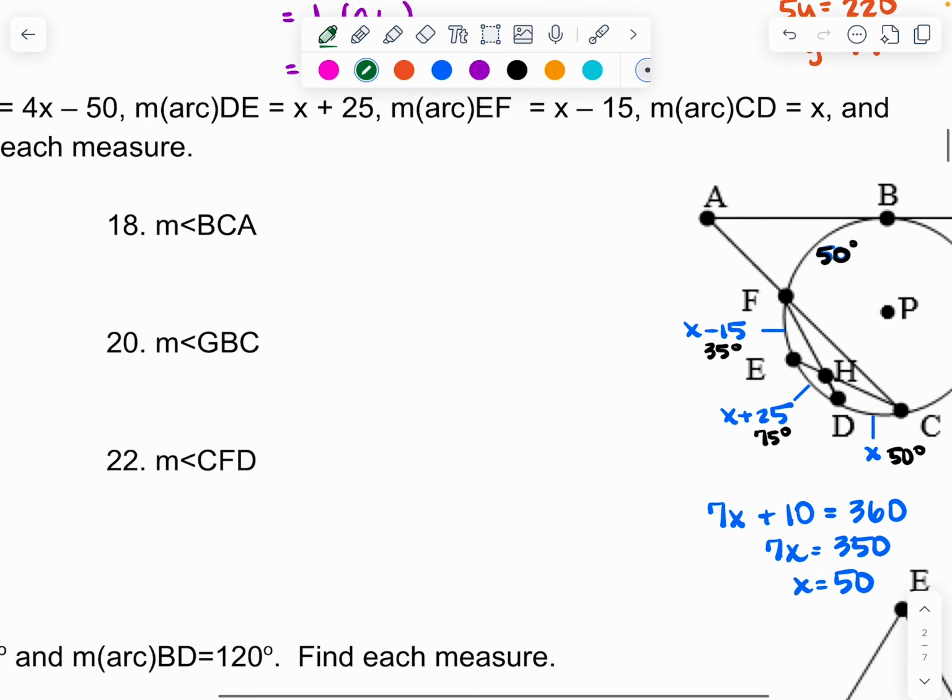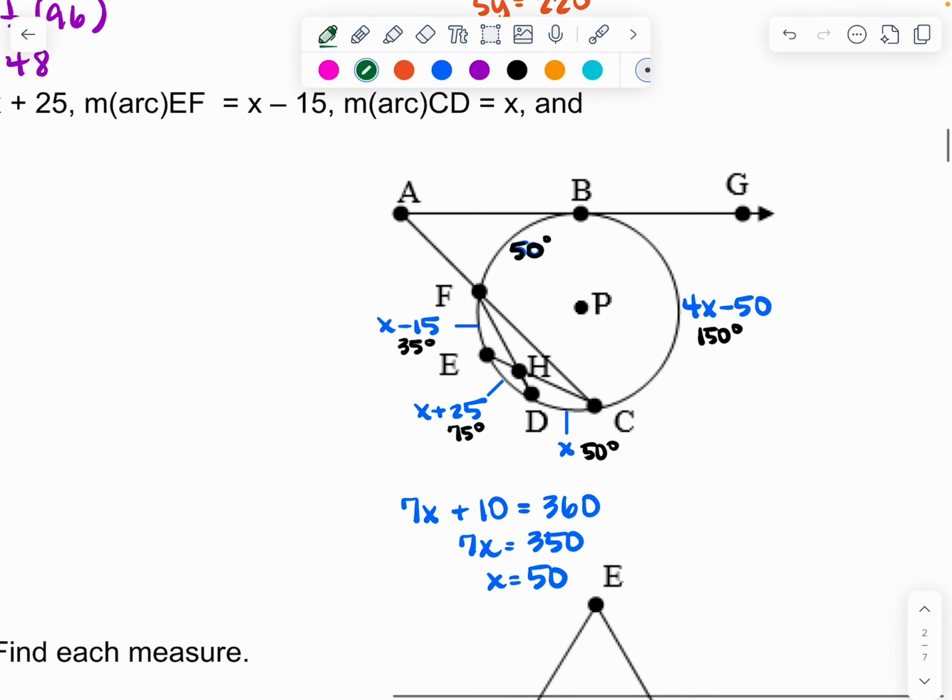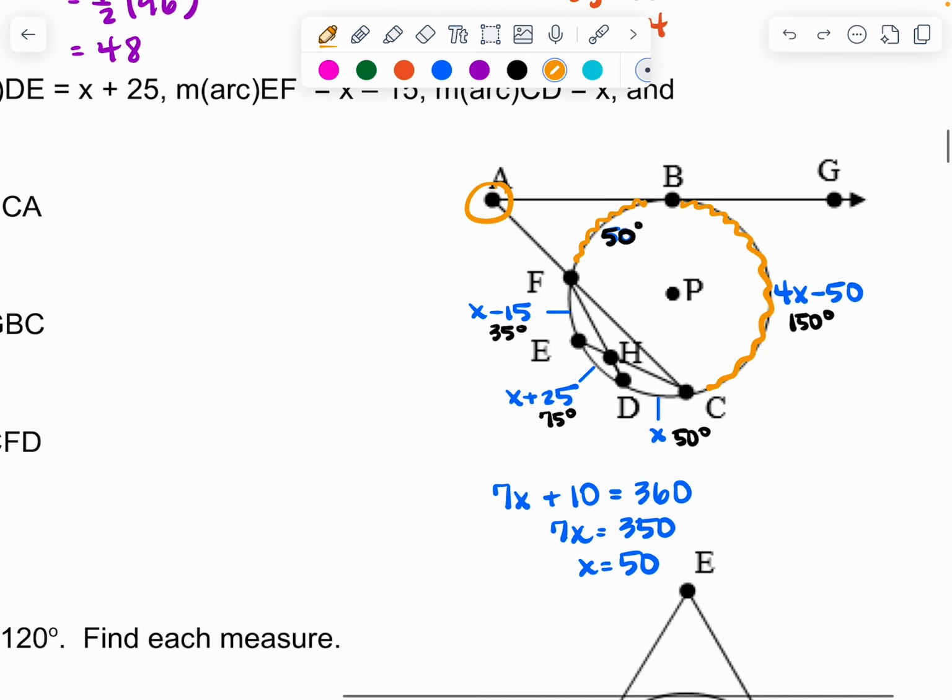So here we go. The measure of angle A. Let's take this one step at a time. Angle A is clearly an outside angle, which means it is half the difference of its intercepted arcs. Remember, the point of tangency is where one arc ends and the other begins.